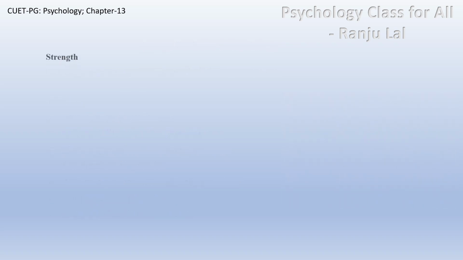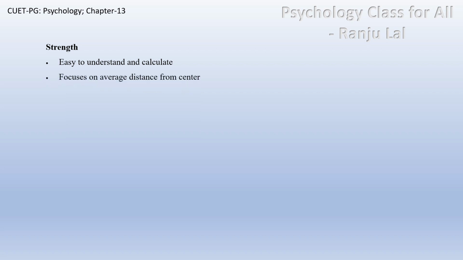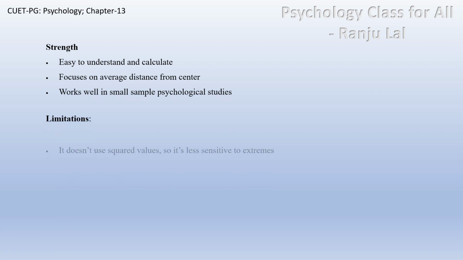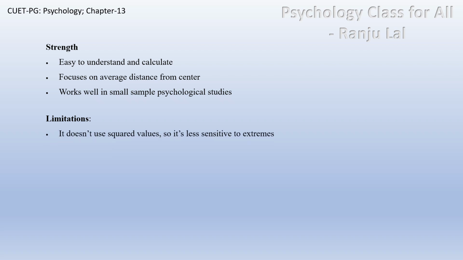Now about the strengths of average deviation. It is easy to understand and calculate. It focuses on average distance from the center, and works well in small, simple psychological studies. Now AD is great but not perfect. There are some limitations too. It doesn't use squared values, so it's less sensitive to extremes.